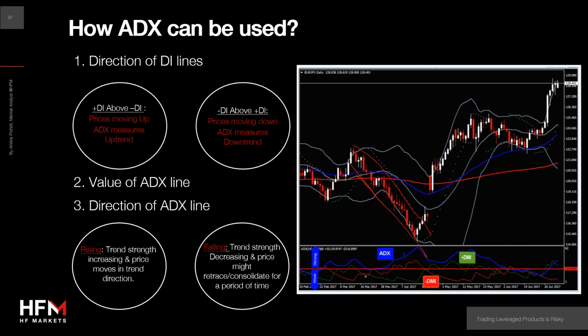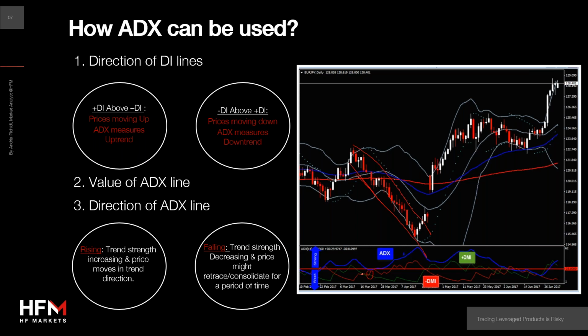But we noticed after 1, 2, 3, 4, 5, 6, 7 days, okay, 7 days, that the green clashed with the red and started to move below it. So the red, the minus DI, was above the plus DI.